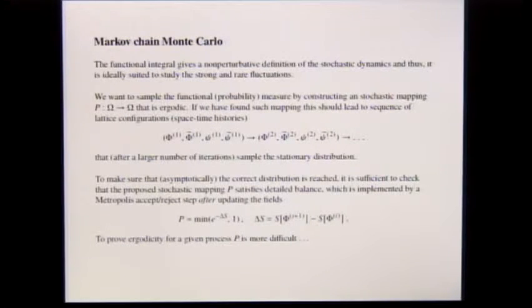Now, a Markov chain Monte Carlo uses this object that I've just defined, the action for the system, to suggest new field configurations that are randomly generated by a Markov process. In particular, what we are looking for is a stochastic mapping that is ergodic.